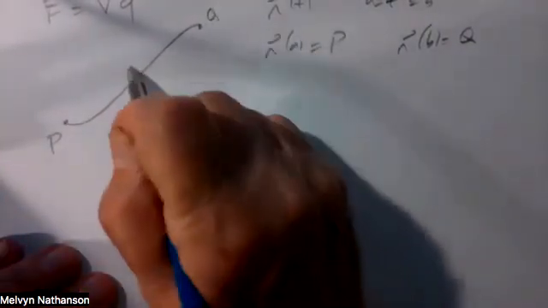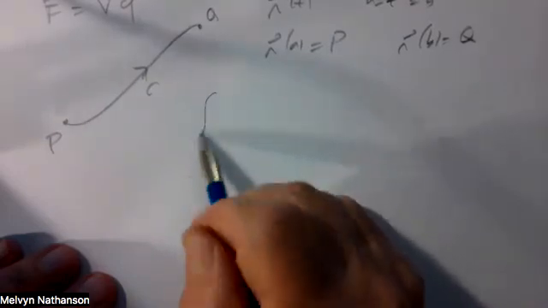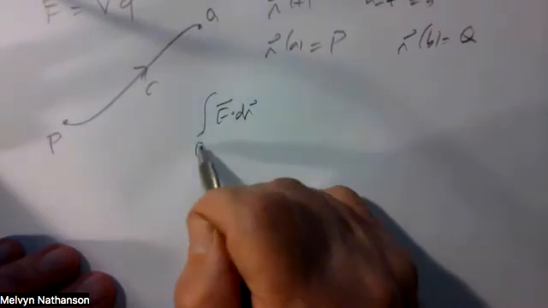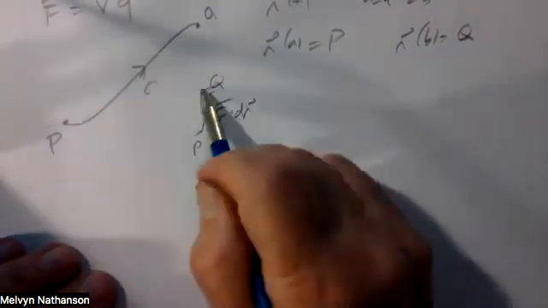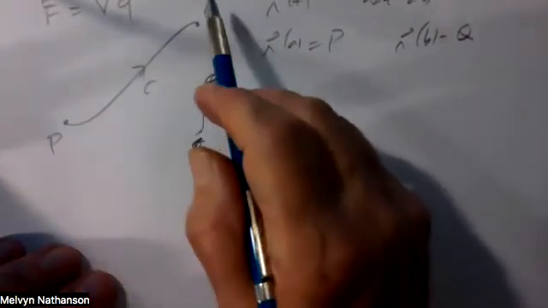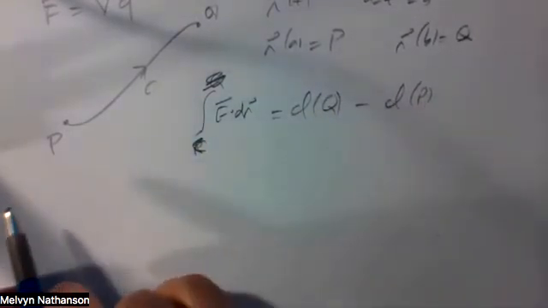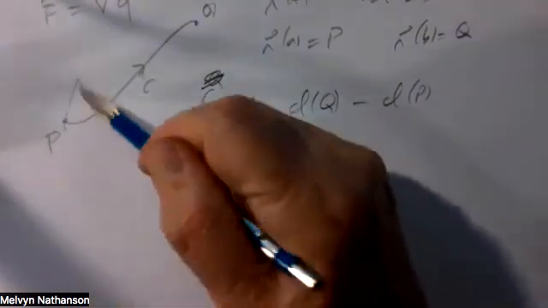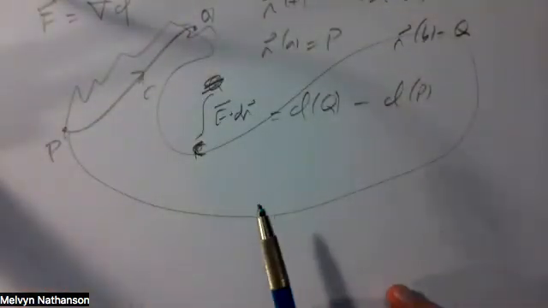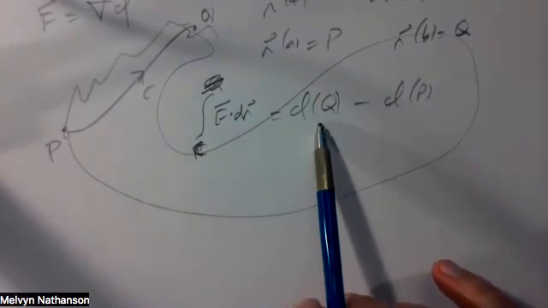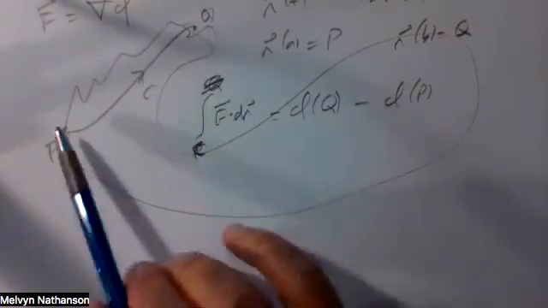This is p, this is q, and here's my curve. The integral of f dr from p to q, along the curve, only depends on the starting point p and the ending point q. This is going to be phi of q minus phi of p. So it doesn't matter what curve you take or how you get there, no matter what curve you integrate along, if your vector field is conservative, the result just depends on the potential function evaluated at the endpoints.